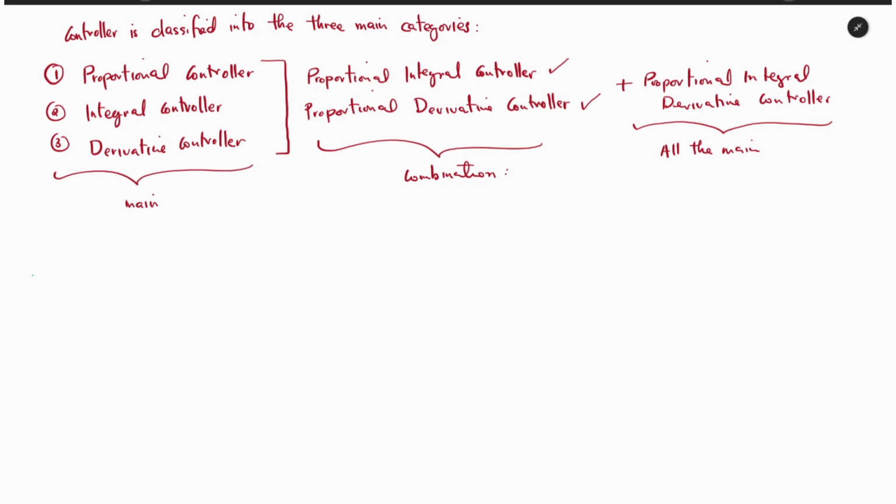Now we will look at the Laplace transform. And before knowing the Laplace transform, it is important that you know the mathematical equation in the time domain. That is why I have explained most of this in the time domain.